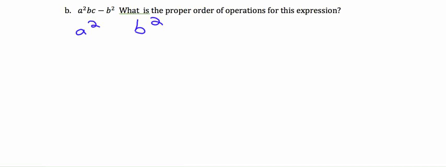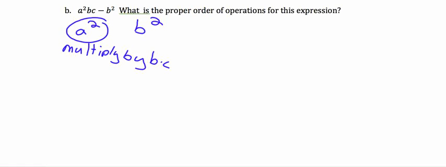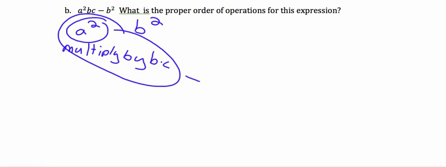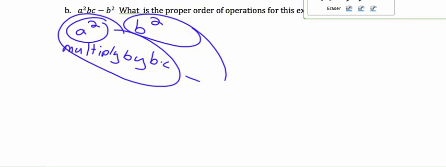Then I would take whatever this was, and I would multiply by b and c, and then I would take whatever this whole thing was, and I would subtract whatever I got for b squared. So it doesn't really seem like it's any more complicated, but especially when we're dealing with positive and negative numbers, it can actually become pretty complicated pretty quickly.